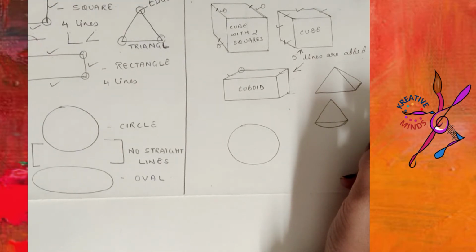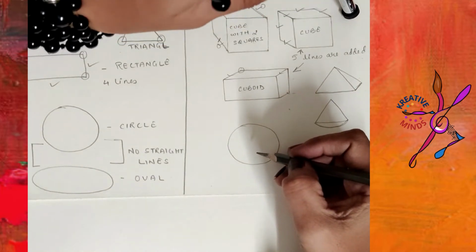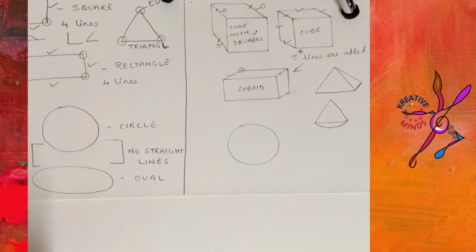What do we do over here? Aryahi says we can add curvy lines. But where do we add curvy lines? Inside. Have you ever seen a round object having curvy lines? Yes, ma'am. Which one? Tell me.